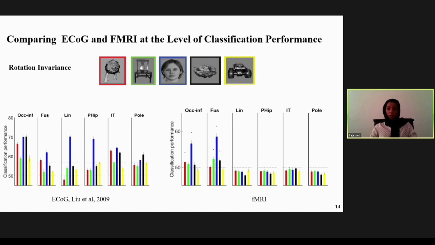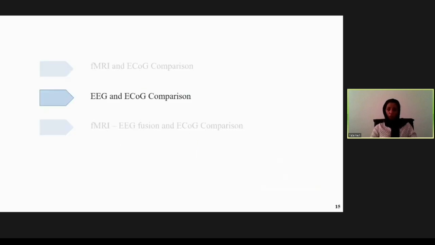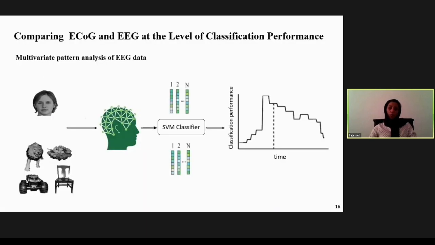In ECoG, the accuracies for faces and fruits are almost identical in occipital inferior, whereas in fMRI, there is a significant difference between these categories' performances. In the next part, the results for ECoG and EEG data comparison will be presented.